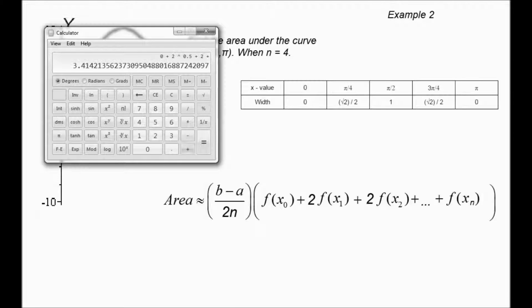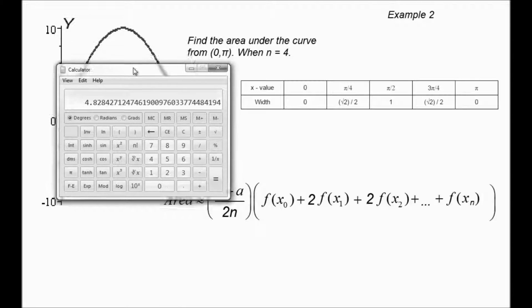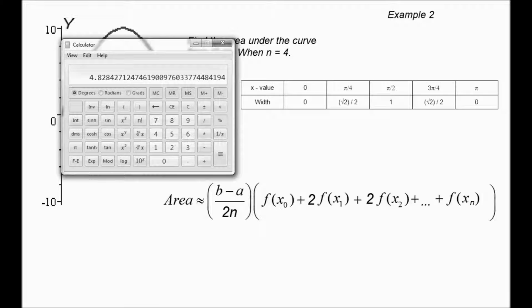And then we just have 2 root 2 again, because it's the same thing, so we're just multiplying that by 2, and that's staying as root 2. And then we have plus the last value, which in this case is 0. So I guess we'll just add that in for the laugh. And then we hit enter, and that gives us a number which we have for the larger part of this.